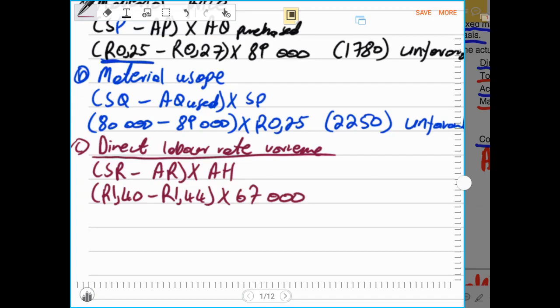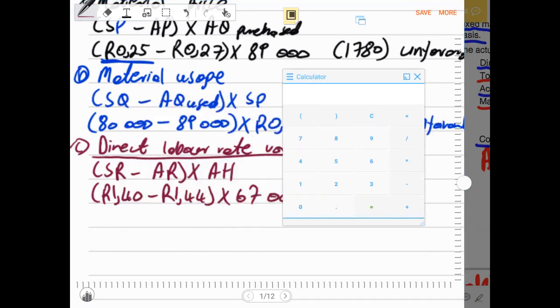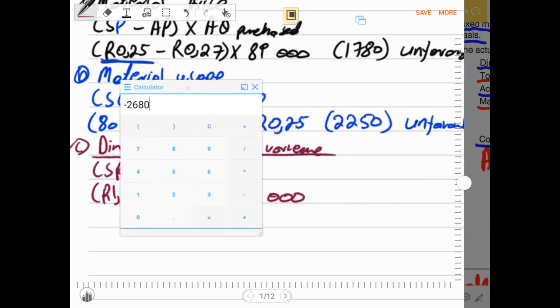Therefore, let us once again determine the variance in this instance. We say 1 rand 40 cents minus 1 rand 44 cents, and that will give us 4 cents. Then we multiply this by 67,000 labor hours, and this will give us 2,680.